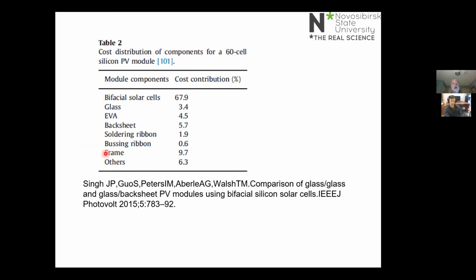And after that, the aluminum frame is surprisingly the next most costly part of it. And there are PV modules appearing on the market that don't have a frame. And that, I imagine, is there so that it can reduce the cost.